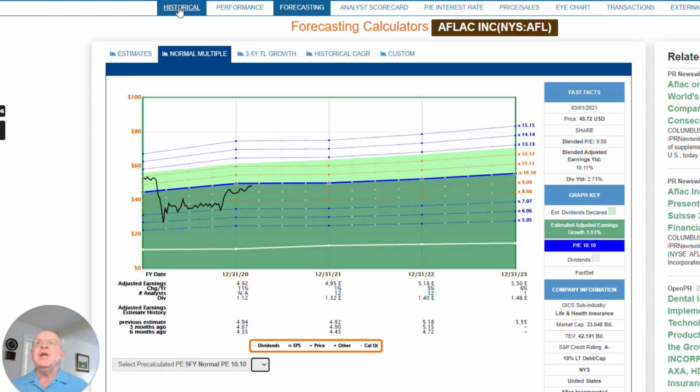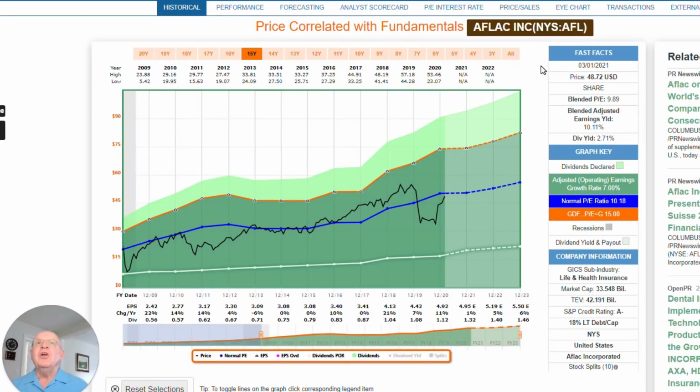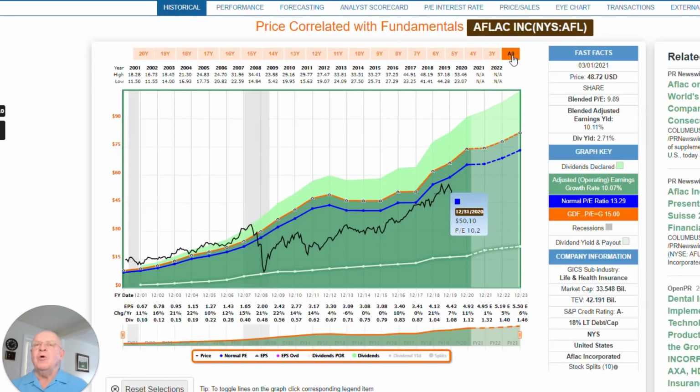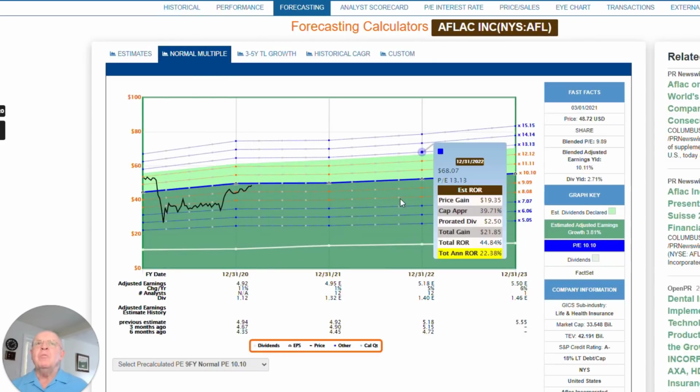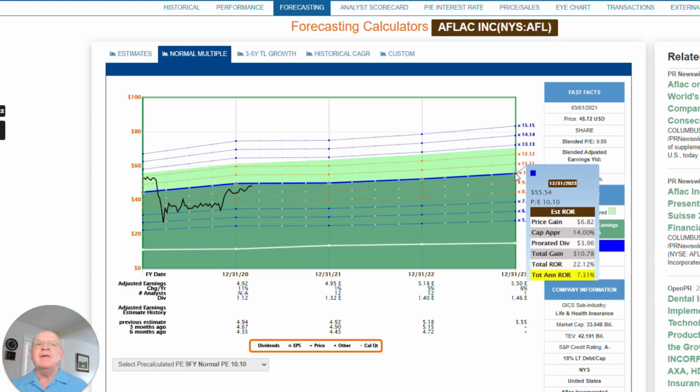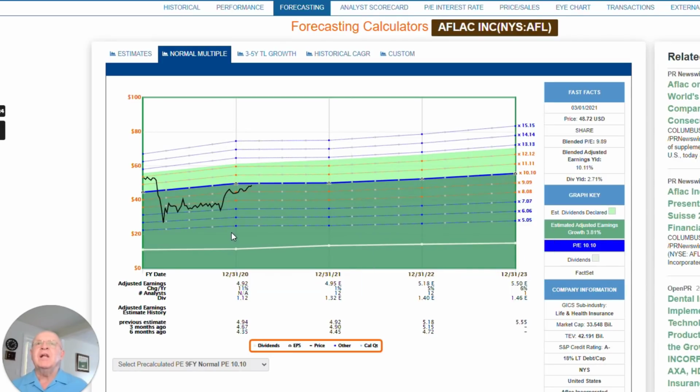If we do get a reversion to more realistic or more normal historical norms prior to the recession, which is always a possibility, but we haven't seen it in more than a decade. So bottom line is I'm looking at the normal multiple on this company, and I'm saying I've got about a 6 or 7 or 8% annualized rate of return, including dividends.